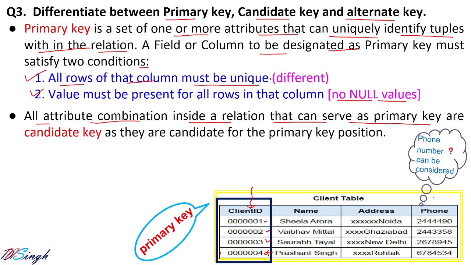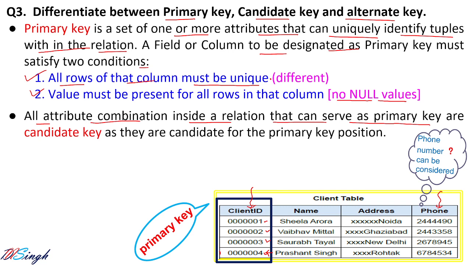There is one candidate client ID and another candidate is phone number. One of the candidate keys may be selected as primary key. Okay, fine. So that we keep in mind.